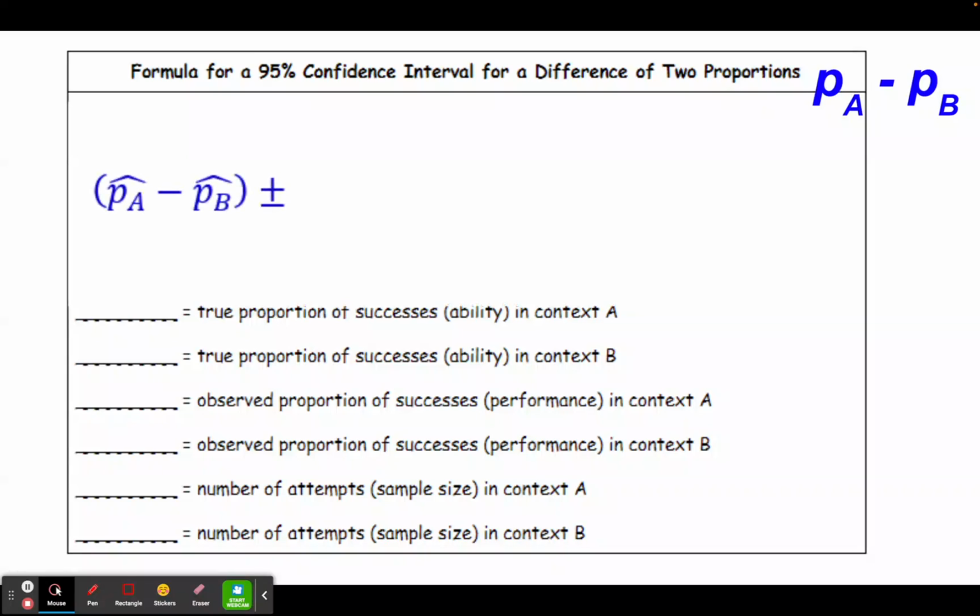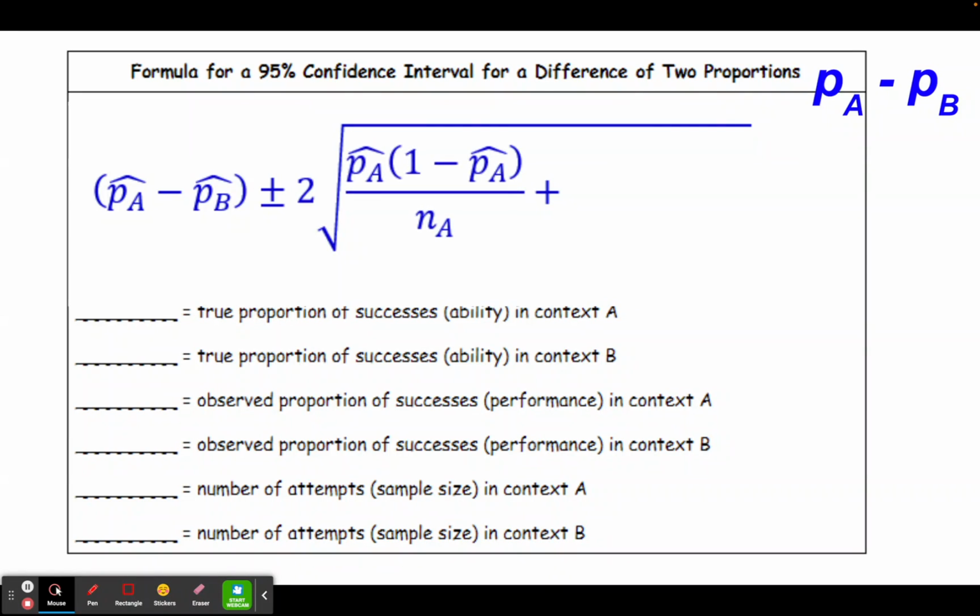So here's what your formula looks like. We have p hat A minus p hat B. That takes the place of the p hat in the formula that we used in section 9.2 because we're working with 2 different percentages. Then we do plus or minus 2, and we have that big square root. Notice I've left space underneath there with a plus in between because we're going to put 2 different calculations underneath that square root. In the original formula, we did p hat times 1 minus p hat over n.